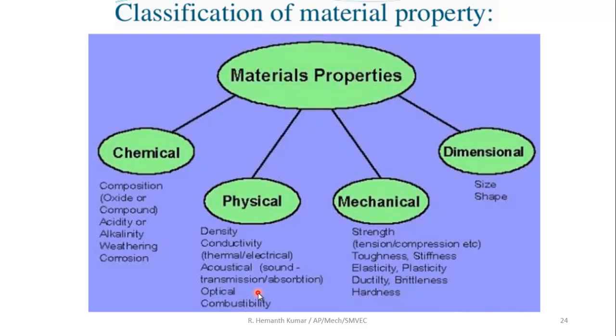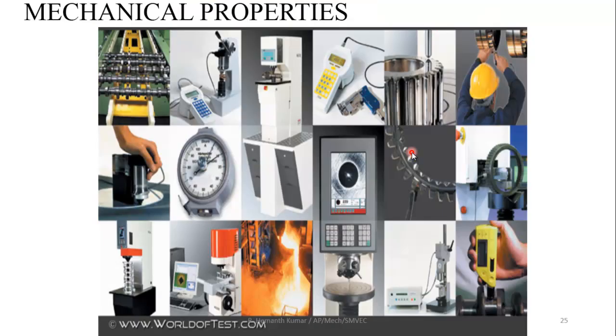We will be needing more knowledge on mechanical properties. Strength, that is compression or tensile strength. Then toughness, stiffness, elasticity, plasticity, those concepts, mechanical properties also have to be understood for any machine design concept. Then finally, dimensional property is nothing but size and shape of the particular material.